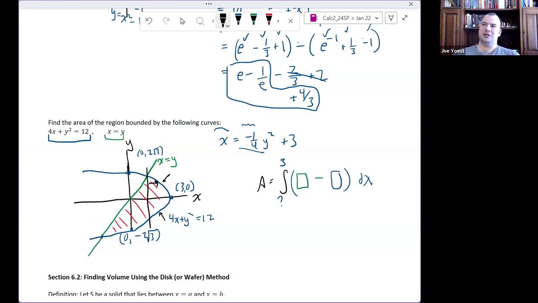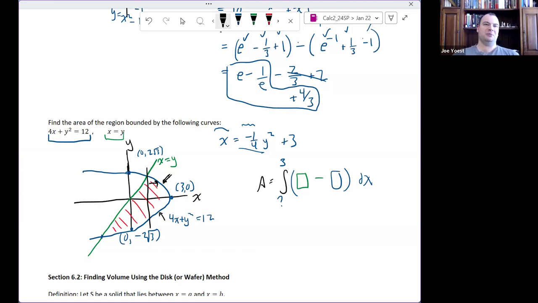So I see a couple of things here. Number one, if I wanted to force the issue and use integral of green minus blue, that's only going to answer half the question. It's only going to get me the area to the left of this border. And then I have to do something else to find the area to the right. And I also see that if I try to solve my parabola for y in terms of x, I'm going to get a plus or minus square root of some stuff.